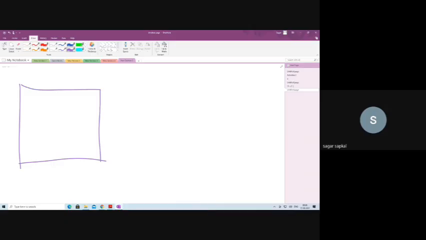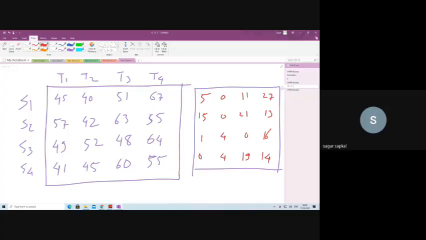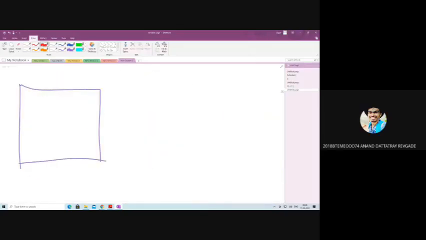Okay, so can you tell me the column wise elements after subtracting the smallest element from each column? In the first column it will remain as it is: 5, 15, 1, 0. Am I right? Yes, sir. Tell me about the second.